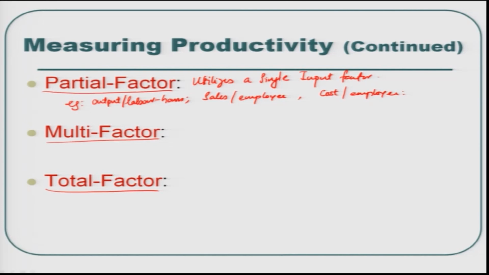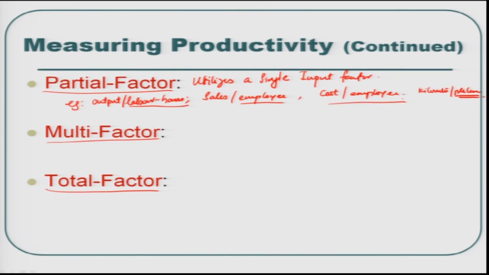You can measure multiple ways, but here you are using a single input factor. Labor hours is one input factor, employee is one input factor, or kilometers per hour is another input factor. So you are doing a single input factor measure here. Okay, this is very easy.